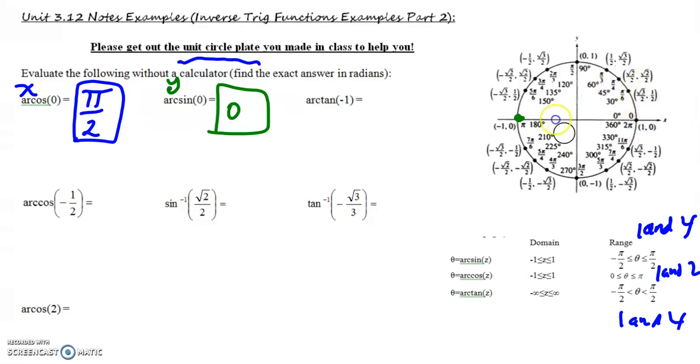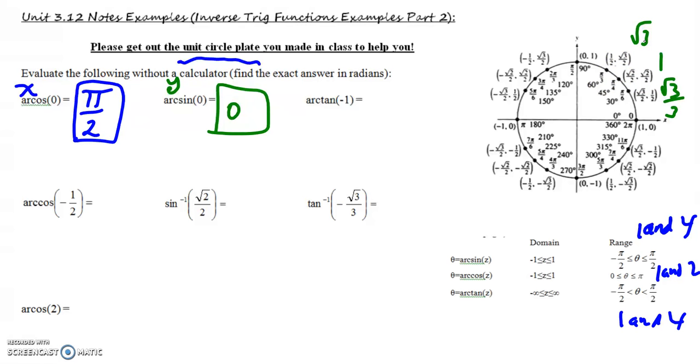The third example, arc tangent of negative 1. Anytime you deal with tangent on your unit circle plate, I would definitely make sure you have these three things written. The ratio for tangent at pi over 6 is root 3 over 3. The ratio for tangent is 1 at pi over 4. And at pi over 3, the ratio is root 3.